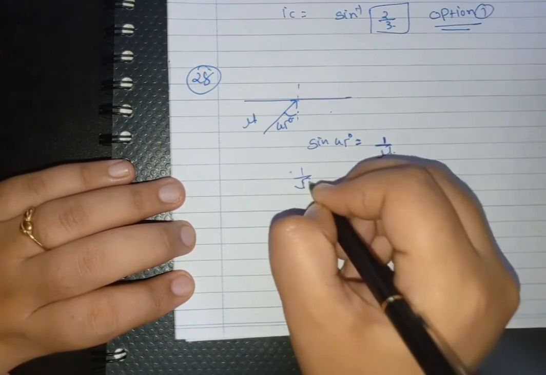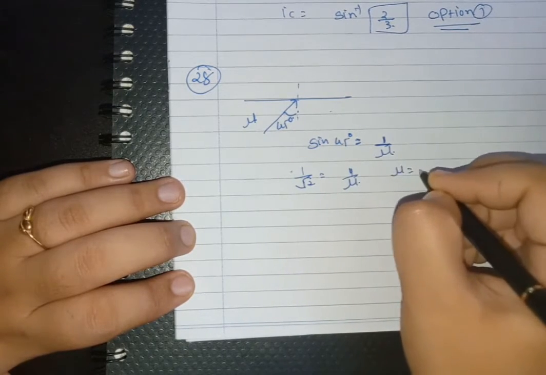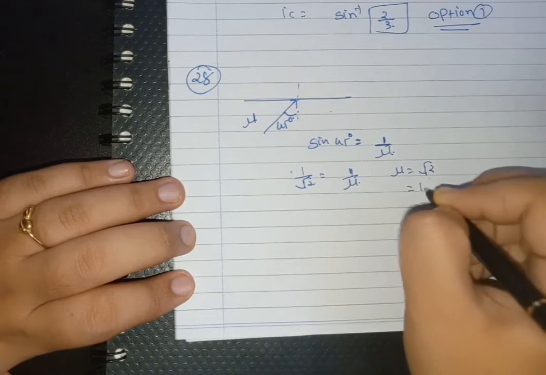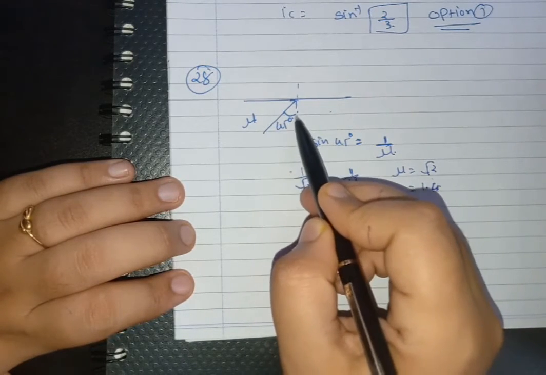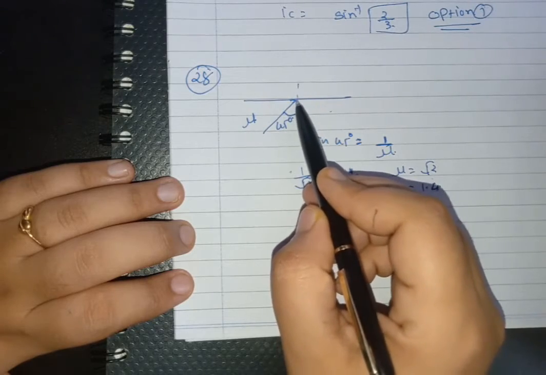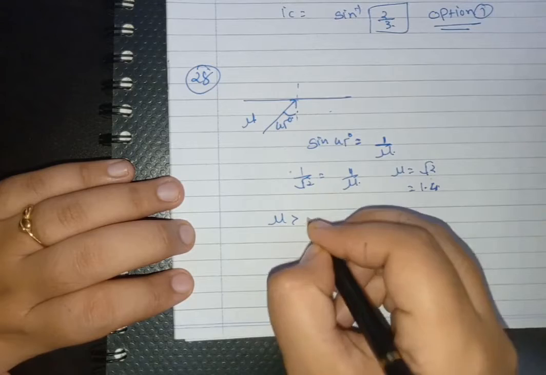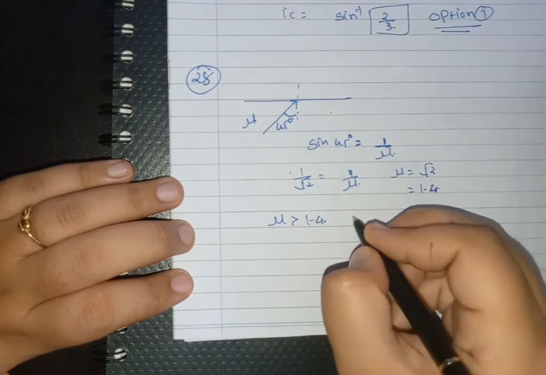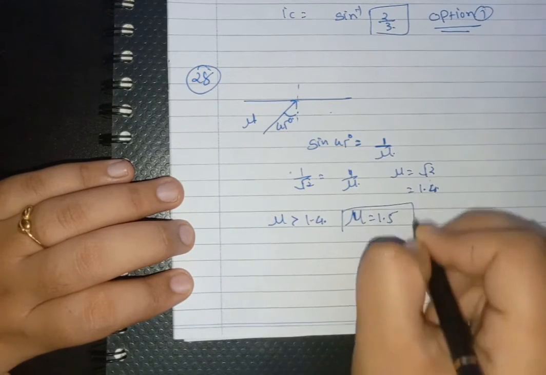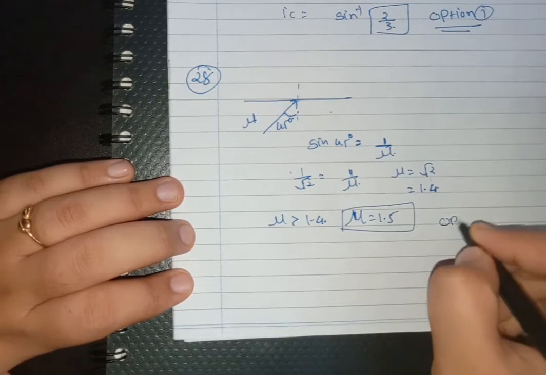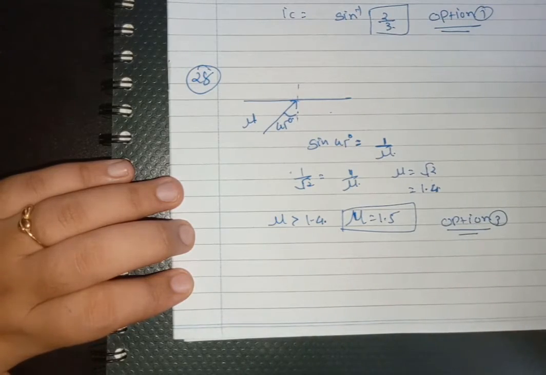So 1 by root 2 is equal to 1 by mu. So mu is equal to root 2, that is 1.4. But it is not incident at critical angle. The ray is going total internal reflection. So mu must be greater than 1.4. So the appropriate option is mu is equal to 1.5. So option 3 is correct option.